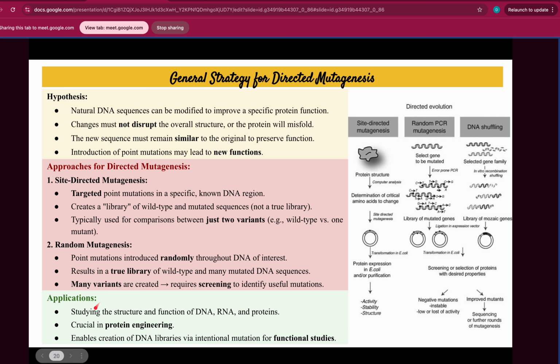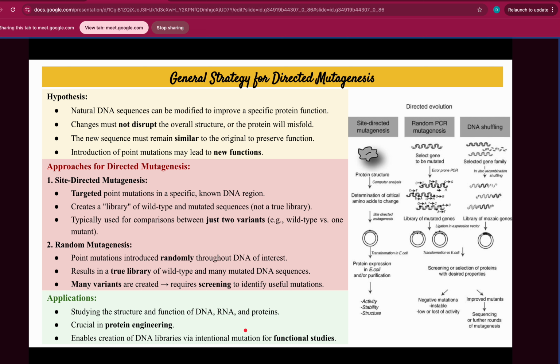The application is that it helps you to study the function of DNAs and proteins, and it is very crucial in protein engineering, because when you are trying to change the function, you need to change the protein sequence, because sequences are responsible for the structure and ultimately for the function. So this is the strategy.